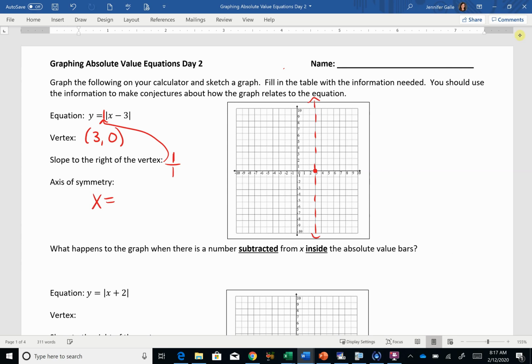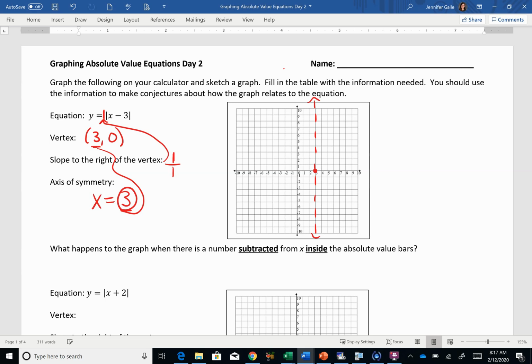Any ordered pair I pick along that vertical line, the x has a value of 3. Please also note the x value of the vertex should match the x value of the axis of symmetry.